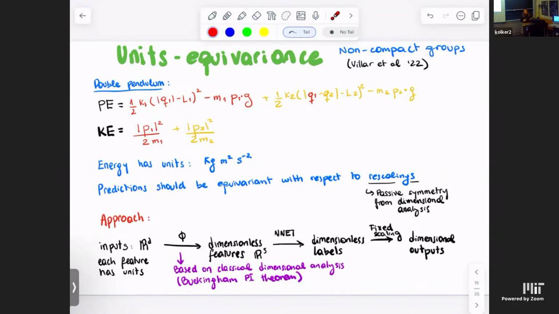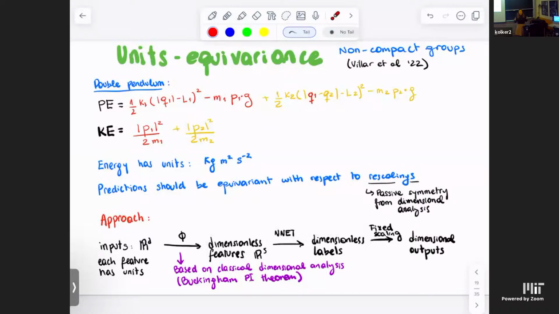So what I can do is I can learn it in an equivariant way, in the sense that if I take every mass and multiply it by 5, then the prediction should multiply by 5 as well. If everything that had units that was relevant to my model was also part of the model, right? So the gravity needed to be there, otherwise I wouldn't be able to do that. Also, the length of the spring and the constant of the spring, all these things have units.